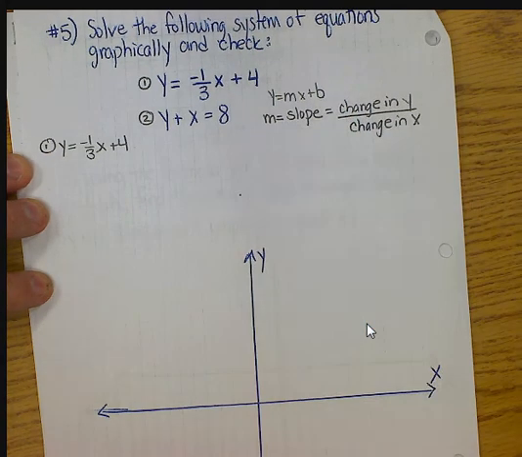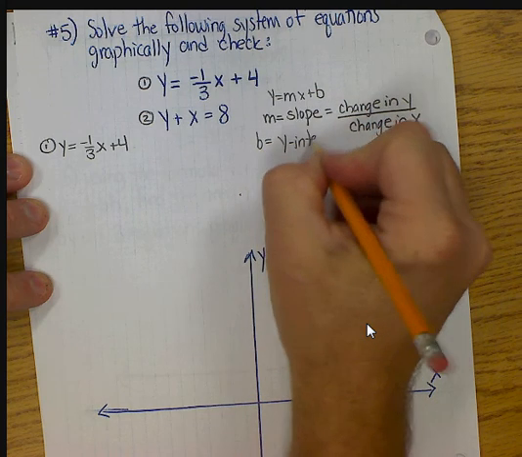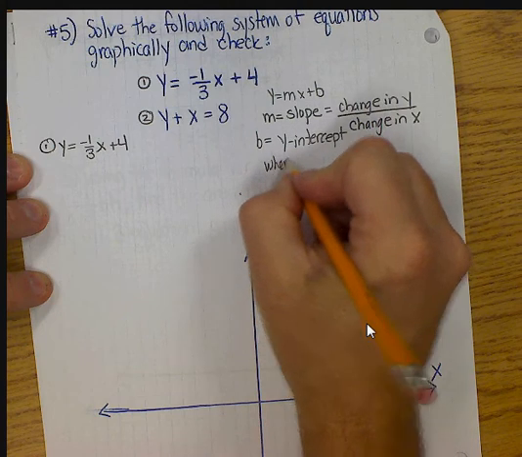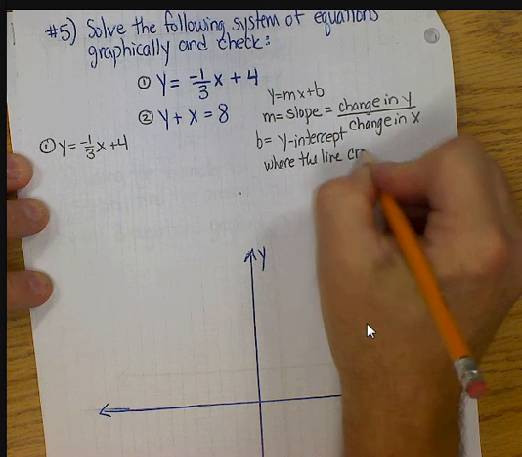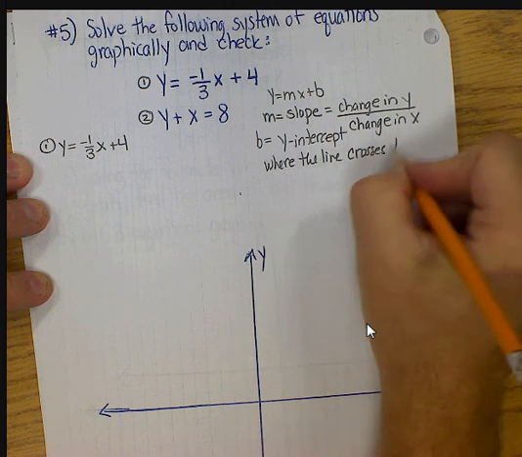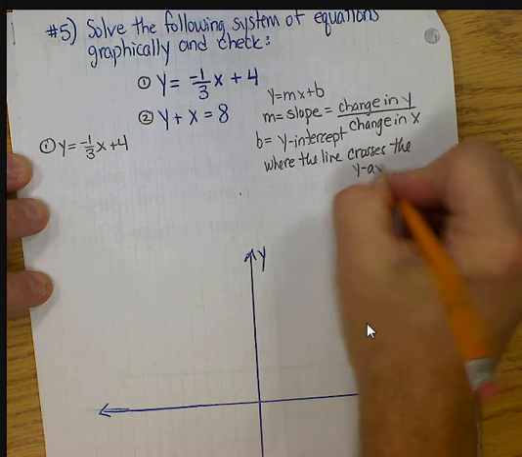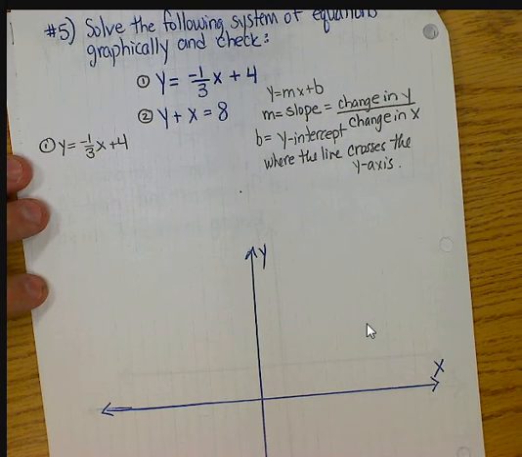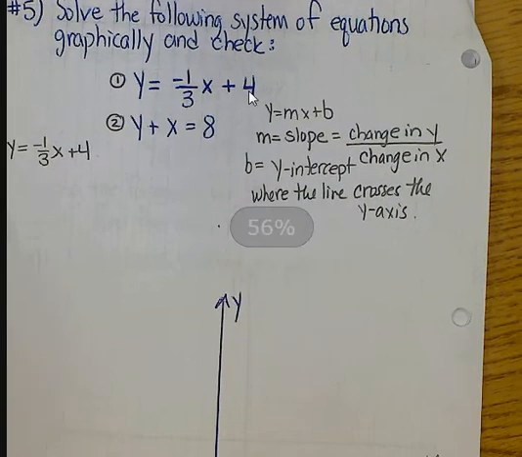And my b is my y-intercept, which is where the line crosses the y-axis. So those are the things that we're supposed to know. We good on that? I think, I hope.